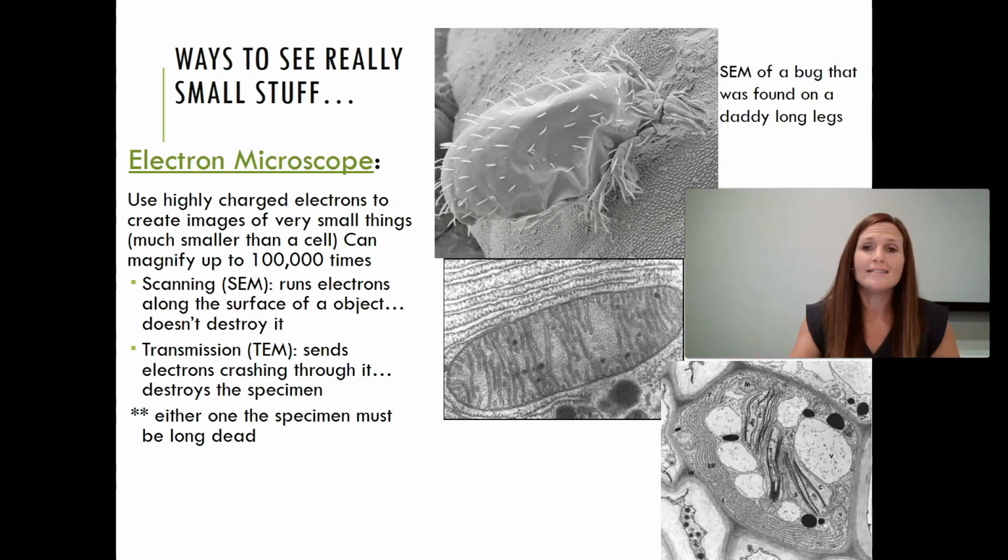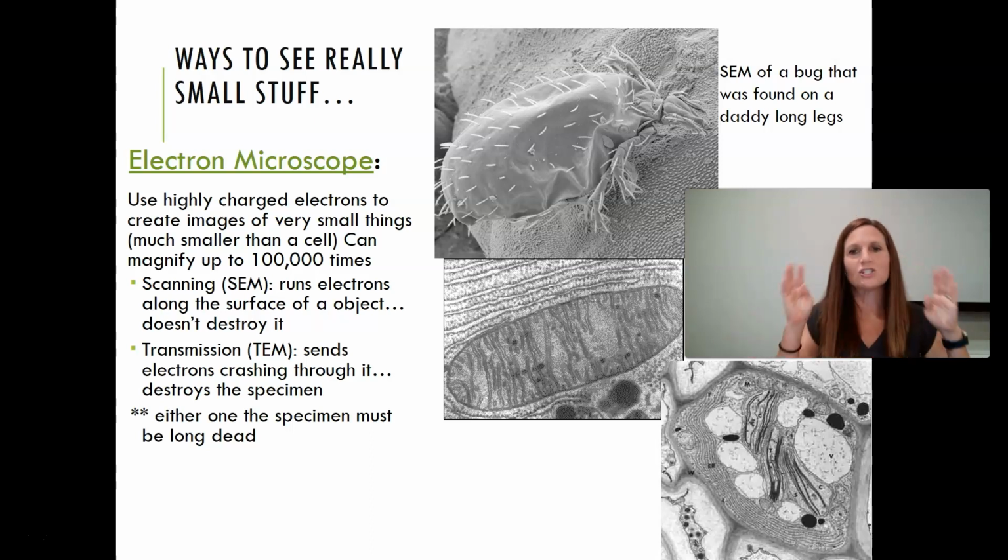There are 2 kinds of electron microscopes. The first kind is called a scanning electron microscope, or an SEM, and it runs along the surface of an object. So this was a scanning electron micrograph of a bug that was found living on the body of a daddy longlegs.